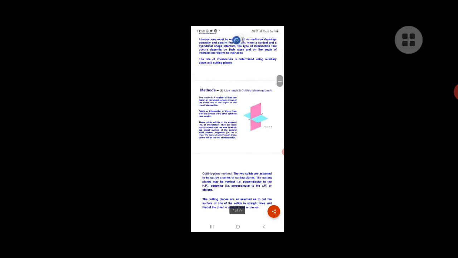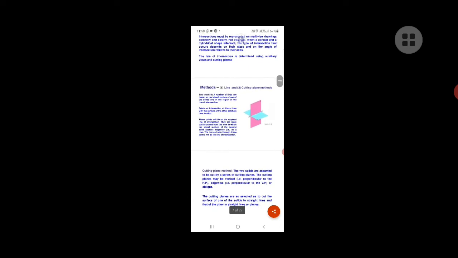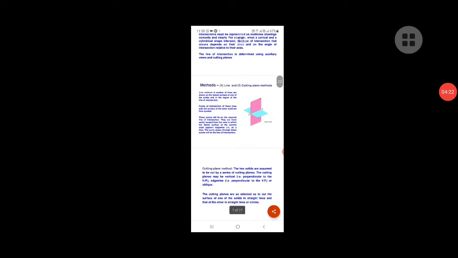These points are required for the line of intersection. They are more easily located from the view in which the lateral surface of the second solid appears edgewise. The curve drawn through these points will be the line of intersection.